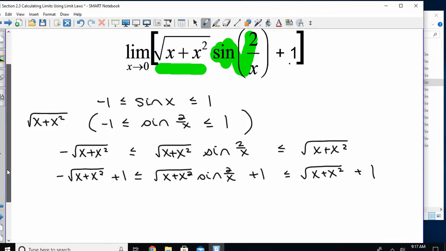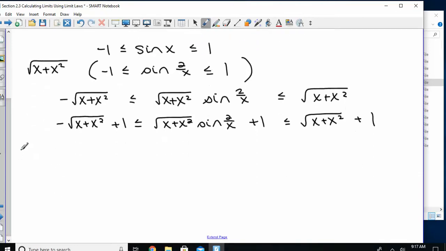Okay, now what do I need? The limits. This one is long. But you do have to show me every step like this.